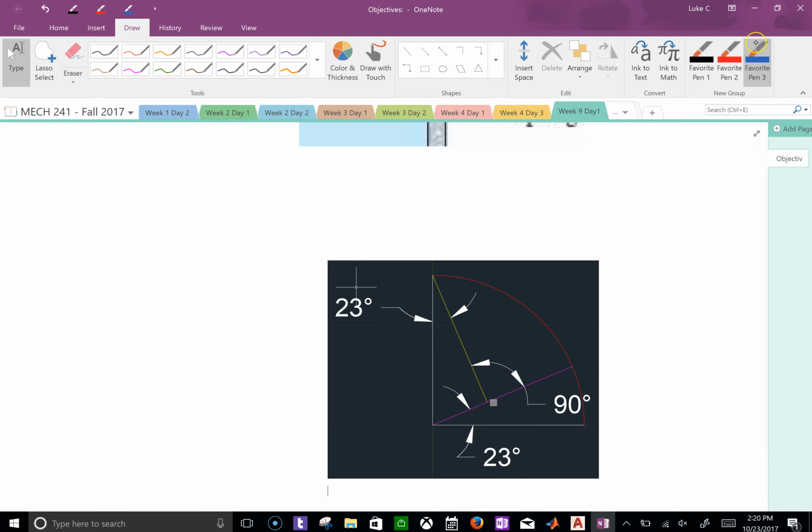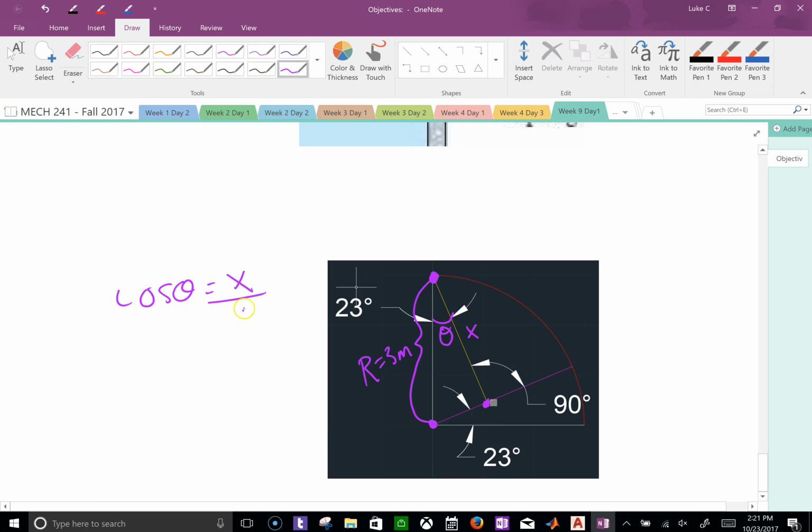Now we can draw some things on here. Let's do it in purple. We're trying to find this distance, and we know this distance from here to here is R, or 3 meters. And we know this angle theta is 23 degrees. So cosine theta equals adjacent x, which is the yellow line we're looking for, over R. So x is R cosine theta.